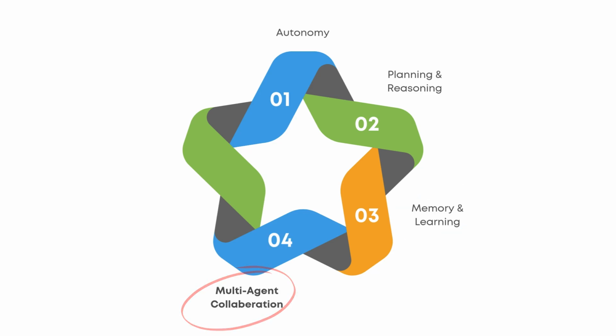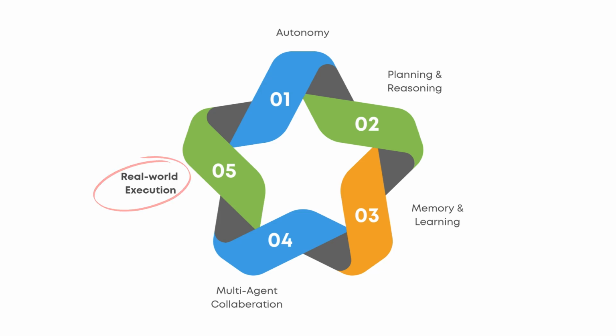Fourth, multi-agent collaboration: it works alongside other AI agents and known APIs to complete tasks. Fifth, real-world execution: it uses APIs to book tickets, send emails, or analyze documents autonomously.